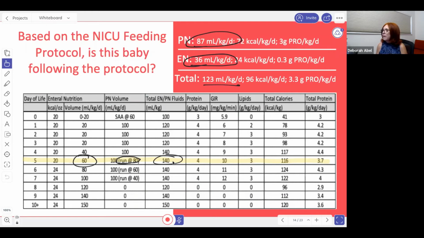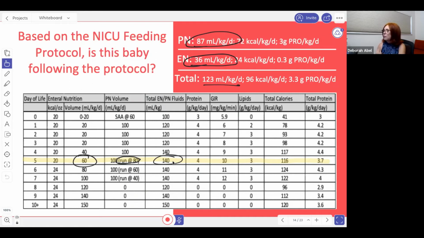And so we make the parenteral nutrition at that higher volume, just in case they have a problem with the enteral, and you could then just turn the volume up to 4.2 and get adequate nutrition into the baby.